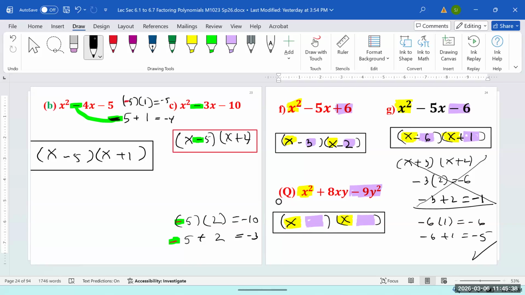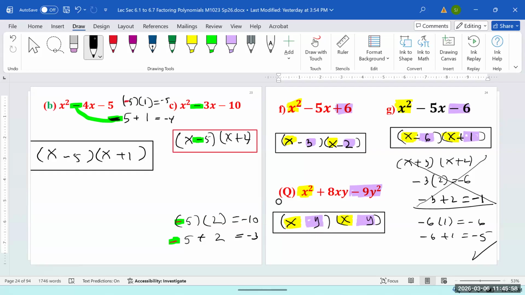You can ignore the x. You can only look at splitting the y squared. Easy. How are you going to split? Forget about the 9. Split the y squared: y and y.